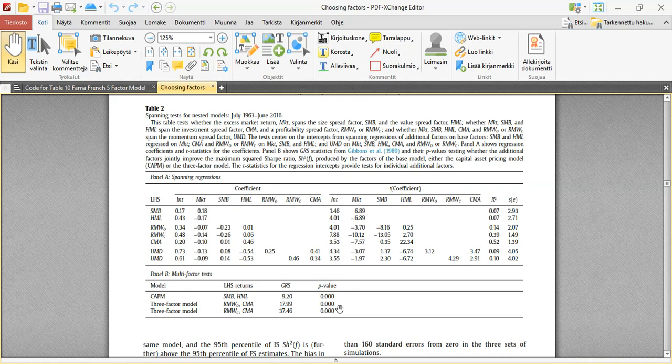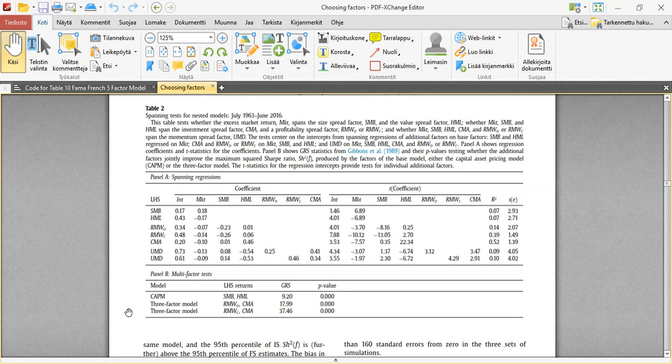The p-value is 0, which means that we reject the three-factor model and accept the alternative model, the five-factor model, which means that these two additional risk factors using operating profitability and investment expand the mean variance frontier. So if we add those to the three-factor model, we have a higher Sharpe ratio of the optimal portfolio. So we would choose this five-factor model against the three-factor model.